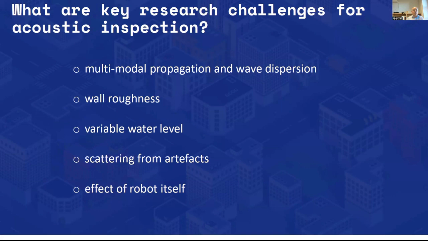Fortunately, when you go to higher and higher frequencies, which give you more and more information about your defect, then you don't get this plane wave mode, but you get a mode where the acoustic waves bounce backwards and forwards all over the pipe, and you get this multimodal propagation, which is much more difficult to analyze.